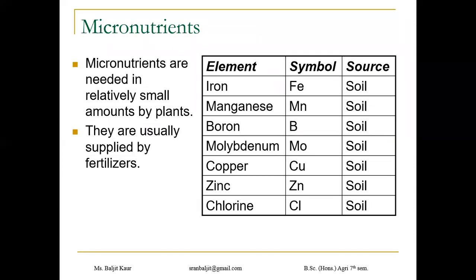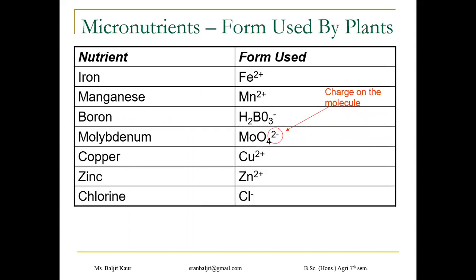Then there are micronutrients which are required by plants in smaller amounts, and these are supplied by fertilizers. And these elements are iron, manganese, boron, molybdenum, copper, zinc, and chlorine. So all of these micronutrients are supplied through soil. And these are the forms of these micronutrients which are used by the plants, right?